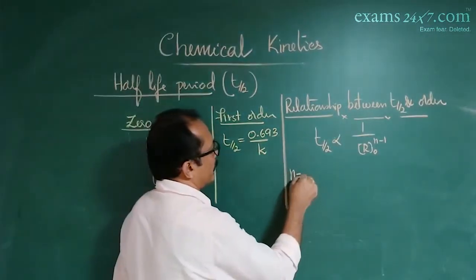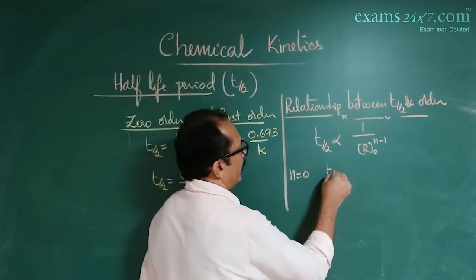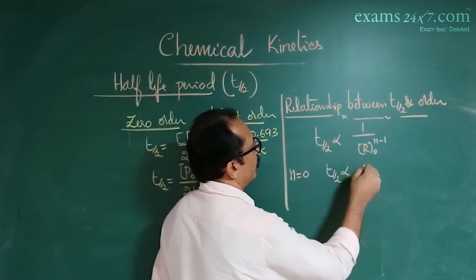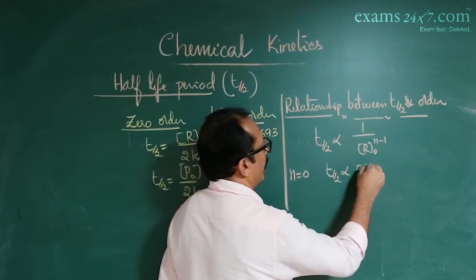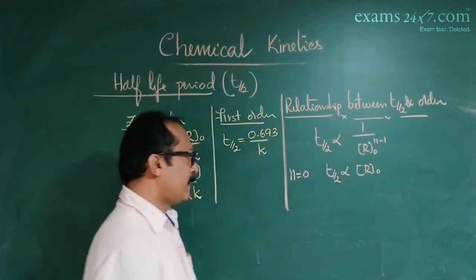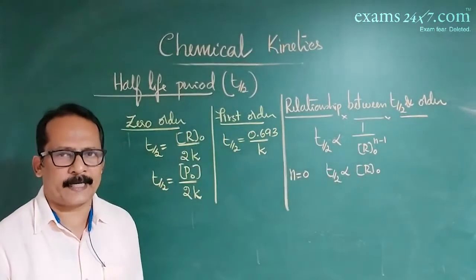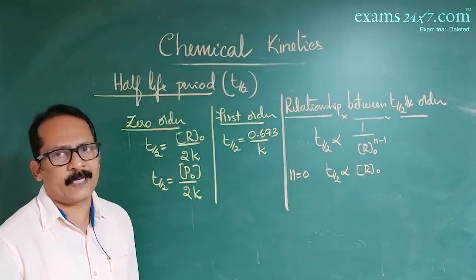For zero order reaction, n is 0, t half is proportional to R0. That means for a zero order reaction, half-life period is directly proportional to initial concentration.